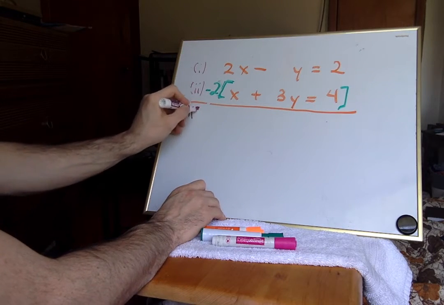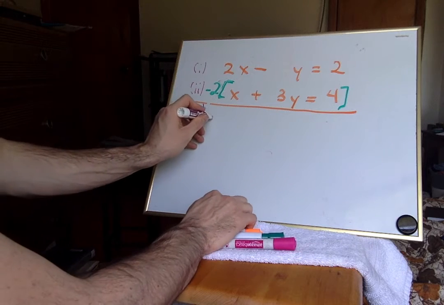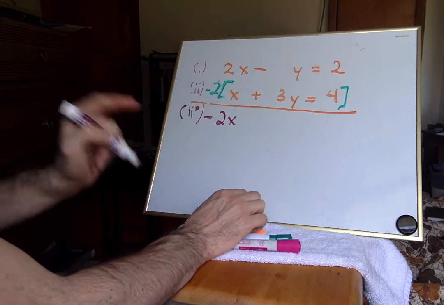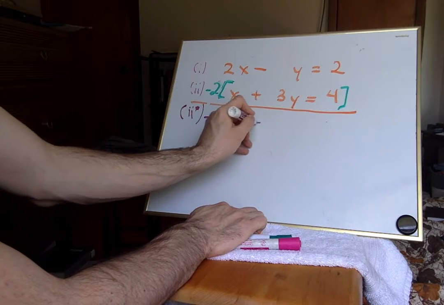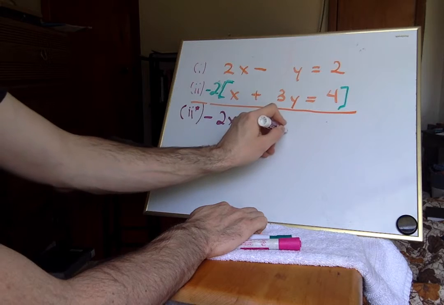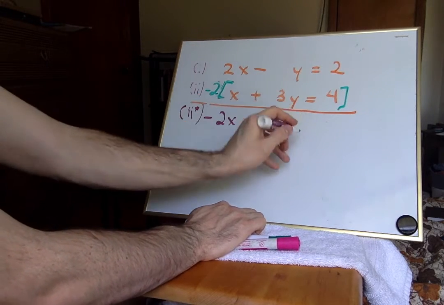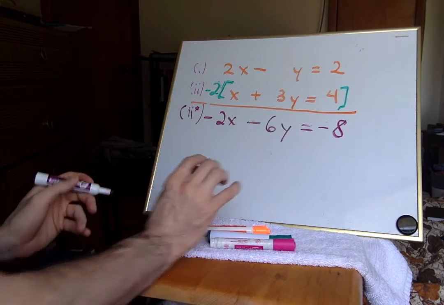I'm going to call the second equation 2 star. The star just means I modified it slightly. Okay, so -2 times x gives me -2x. -2 times 3y is going to give me -6y. -2 times 4 is going to give me -8.